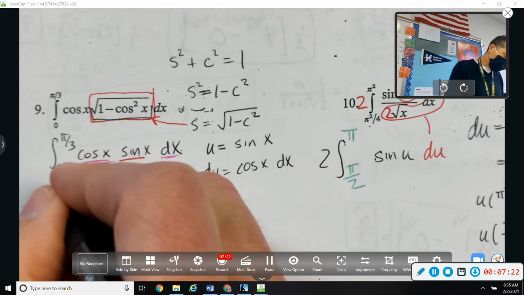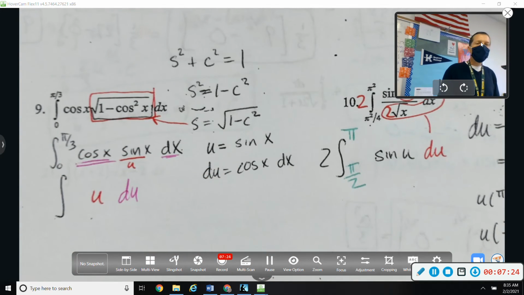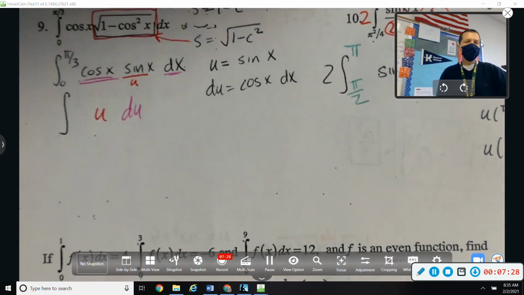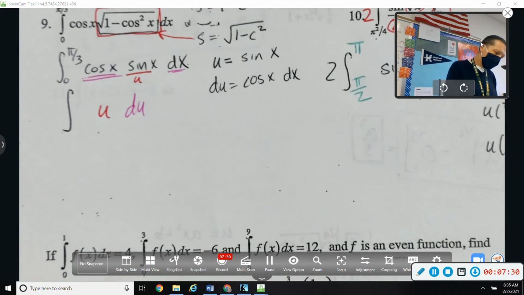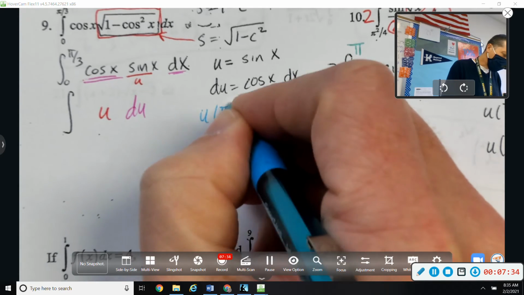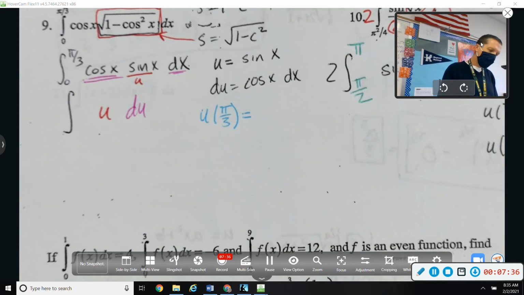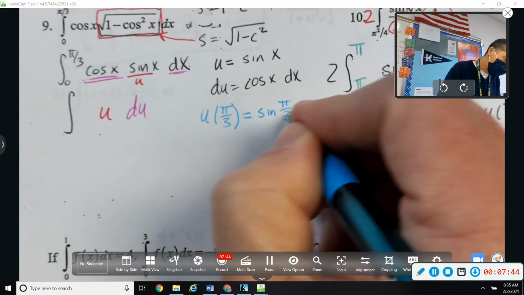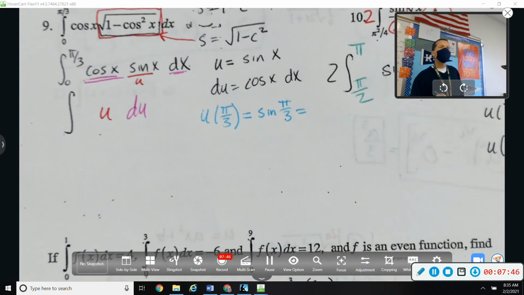So the integral of u du should be an easy one, although I need to fix my limits now. So u of pi over 3, let's see, sine of pi over 3. No, that's the over 4s.